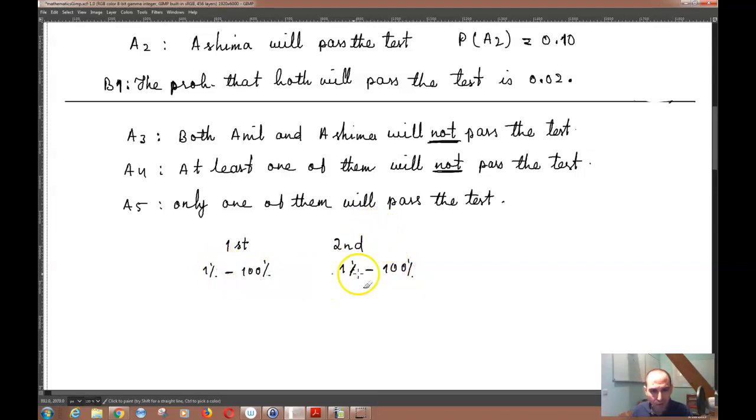Now you would get all of these ordered pairs of, for example, 1% with 1%, 1% with 2%, and so on and so forth.